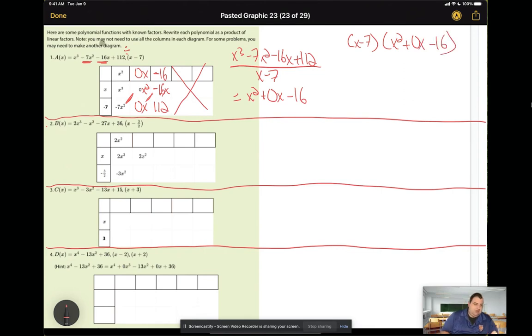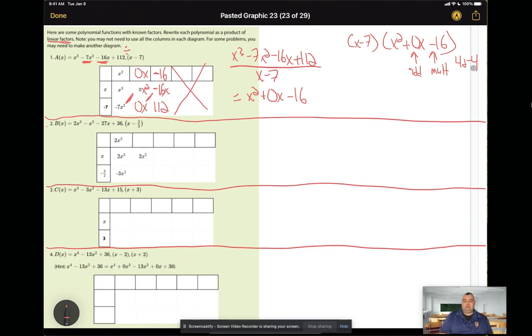Now notice here, it says to rewrite each polynomial as a product of linear factors. Okay? This factor is linear. This factor is quadratic, which means I need to factor this now. So I can factor this by doing that add multiply thing. The question I can ask myself is, what are two numbers that when I add them I get 0, and when I multiply them I get negative 16? That's going to be 4 and negative 4, right?